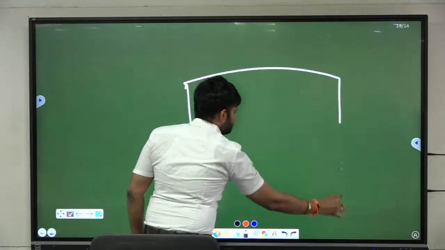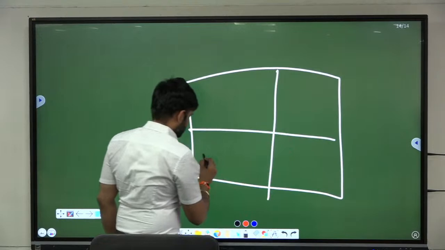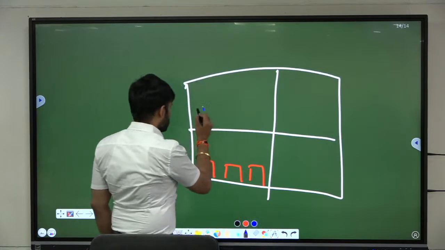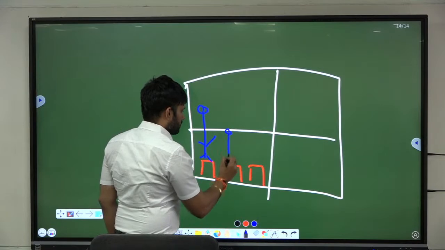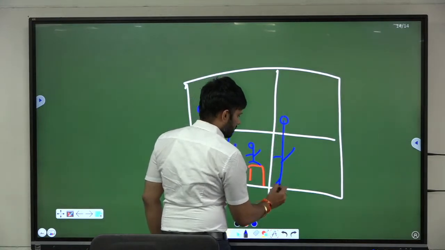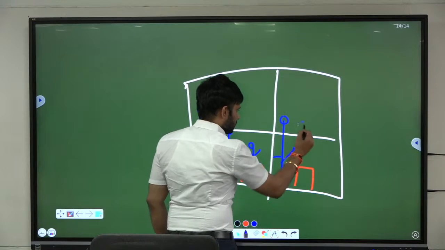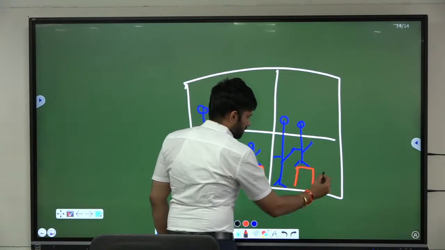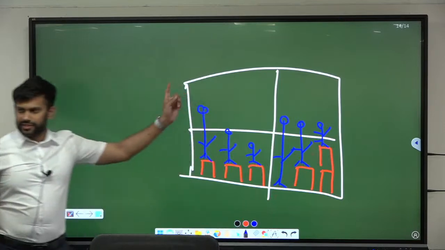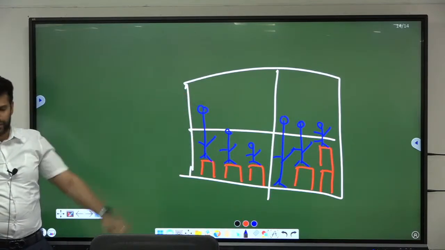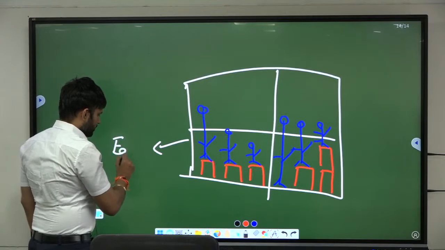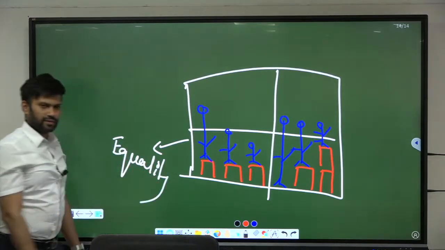So if you look at this diagram, okay, this is scenario A, this is scenario B. When we look at scenario A, we can say this is equality, right?